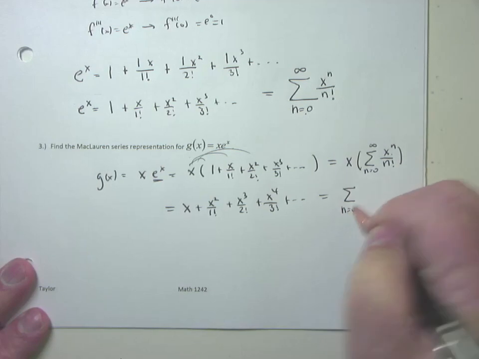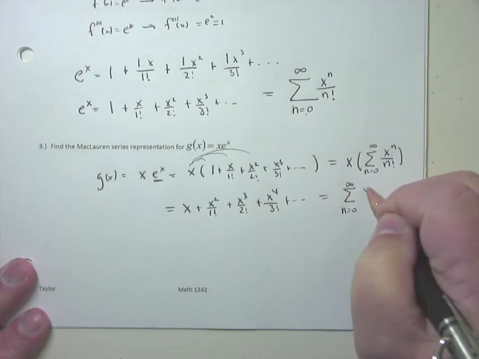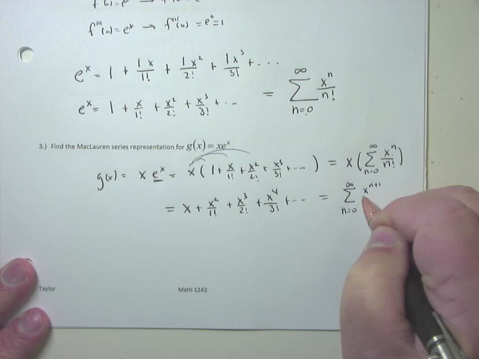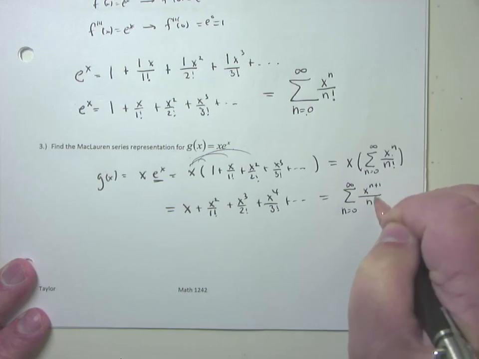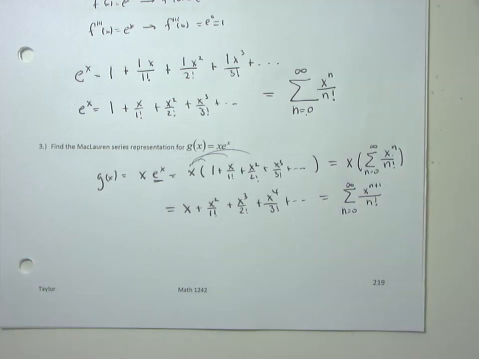The sum as n goes from 0 to infinity of x to the n plus 1 over n factorial. Does that make sense? If you can come up with a series for part of your problem, you can come up with the actual series for the whole thing. Does that make sense? All right.